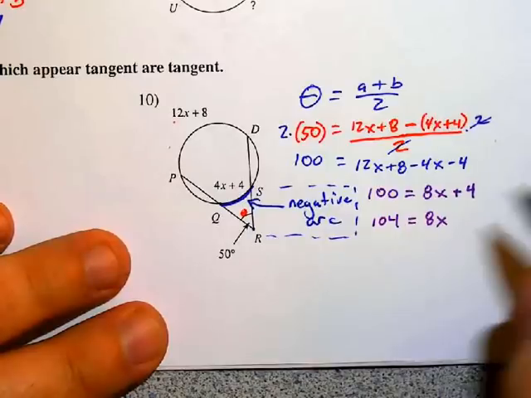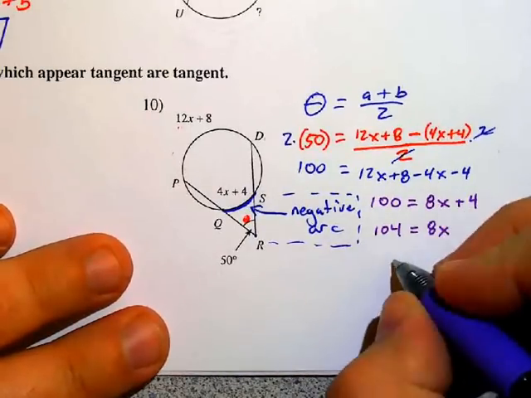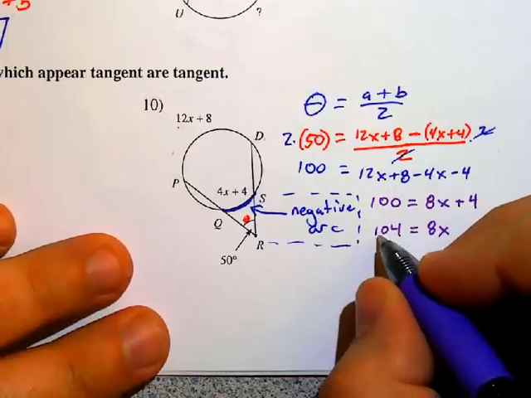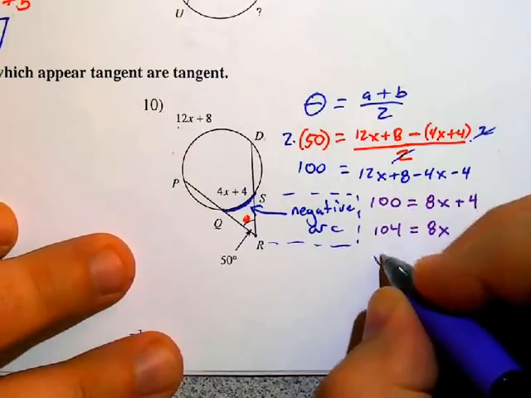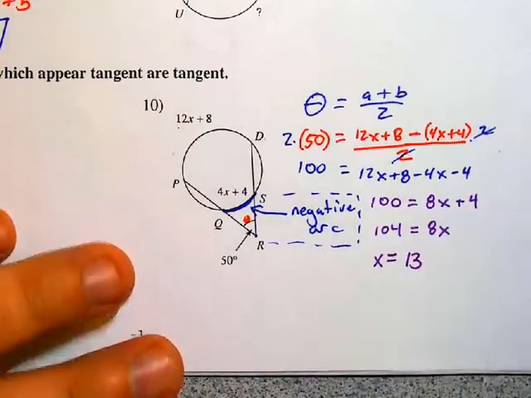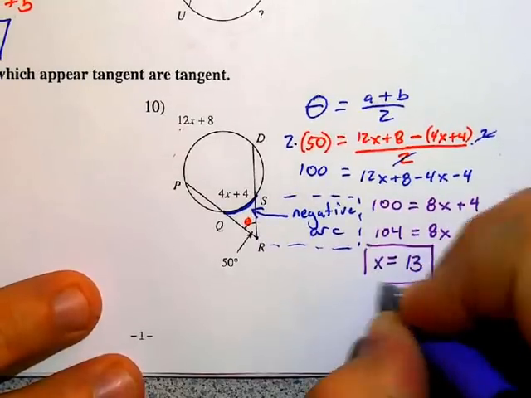Add 4 to both sides. I'm going to get 104 equals 8x. And divide both sides by 8. And let's see, 80 would be 10. That leaves 24, so 3. It looks like x equals 13 would be about right.